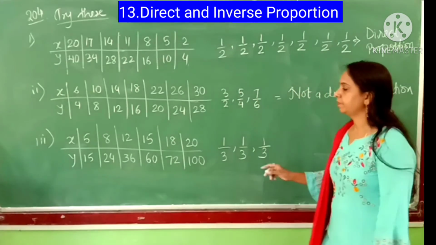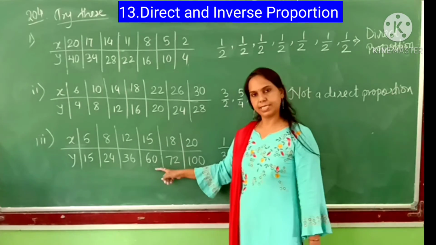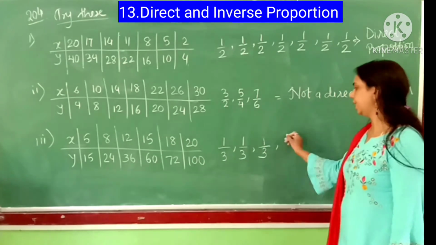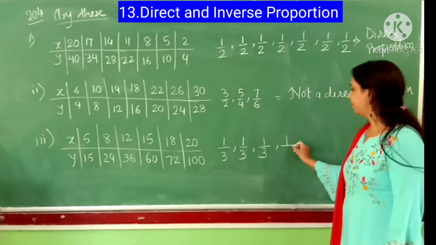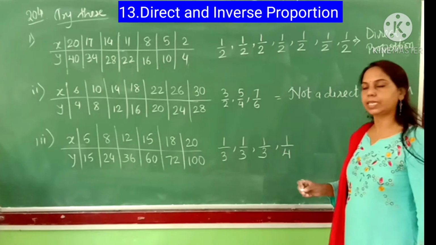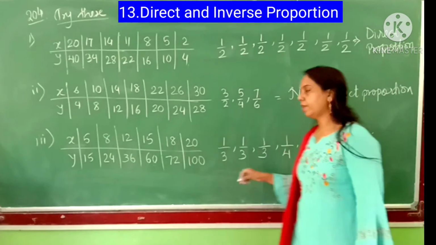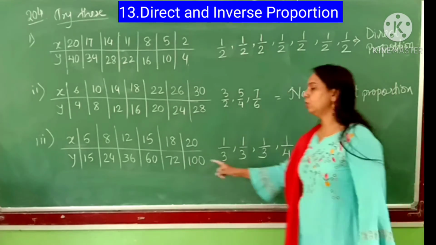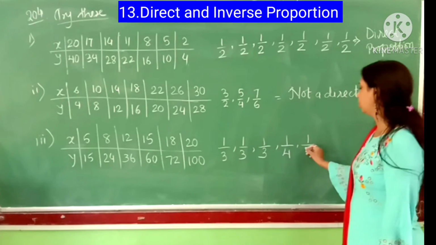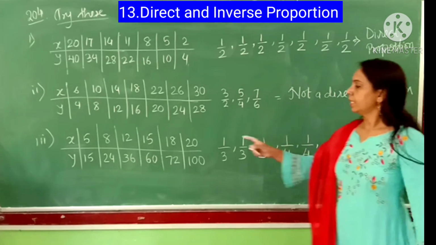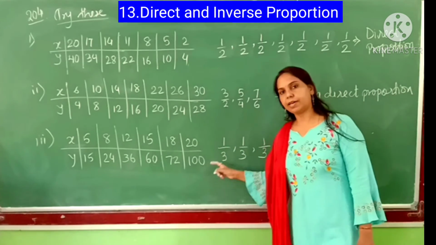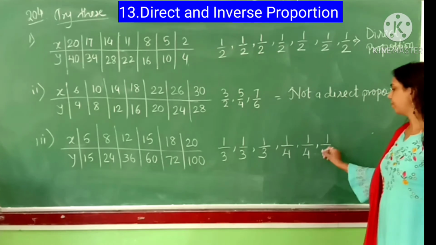So 1 upon 3. Then 15 upon 60, so 15 into 1 and 15 into 4 is 60. For next we have 18 into 1 and 18 into 4, that is 72. So we get 1 upon 4. Here 20 upon 100, so we have 1 upon 5.